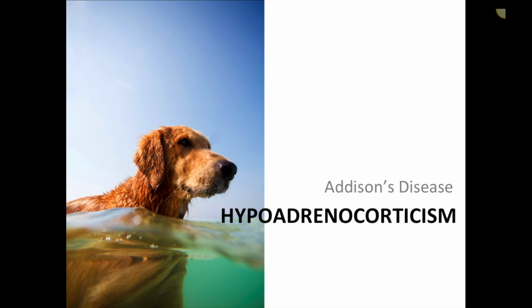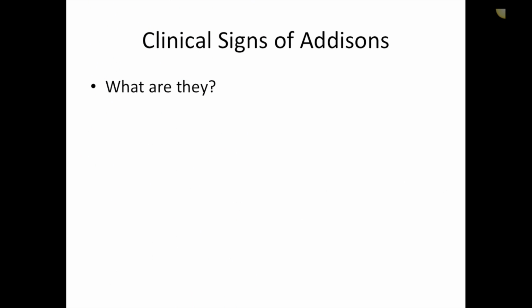That is Addison's to a T. So, clinical signs of Addison's, my lord, there are so many of them. It could be PU, PD, it could be vomiting, it could be diarrhea, it could be lameness, it could be muscle tremors, it could be, I don't know, the dog spinning in circles.